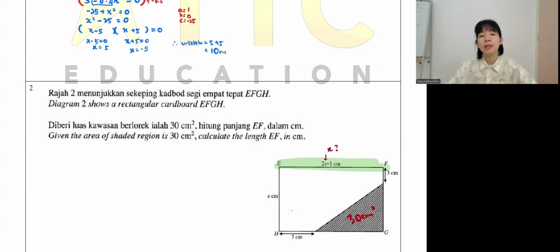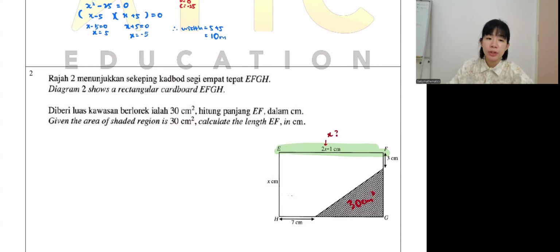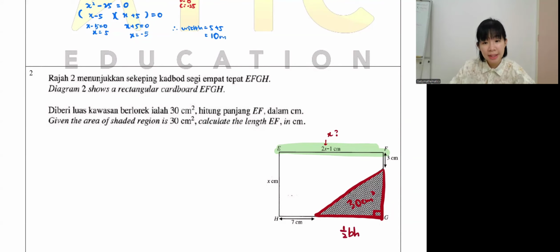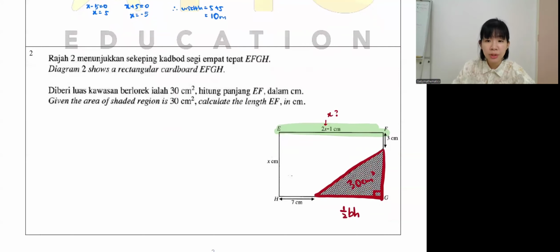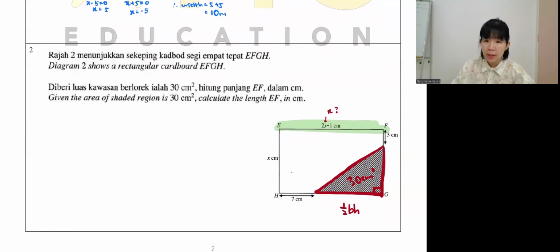Don't you can find the whole thing. Okay, so meaning we need to form an equation. So we need to form an equation something equals to 30. So shaded area is 30. Shaded area is a triangle. So how do we find the area of a triangle? We always take 1 over 2 times base times height, correct? 1 over 2 times base times height equals to 30.